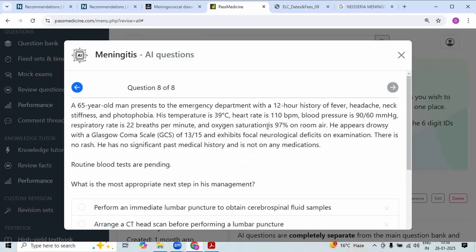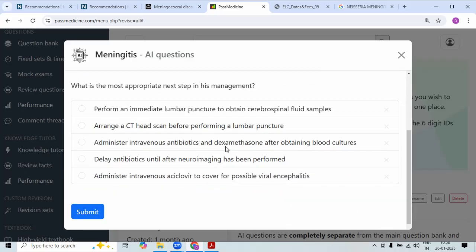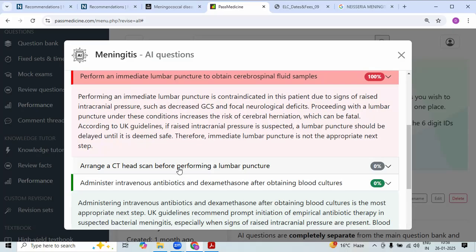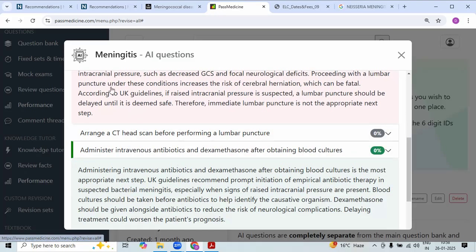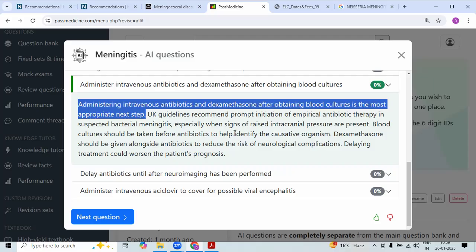He's come with meningococcal signs, but he's not requiring any urgent treatment. The options include delay, administer, immediate lumbar puncture. So no, administering IV antibiotics and obtaining blood culture is the most appropriate next step.